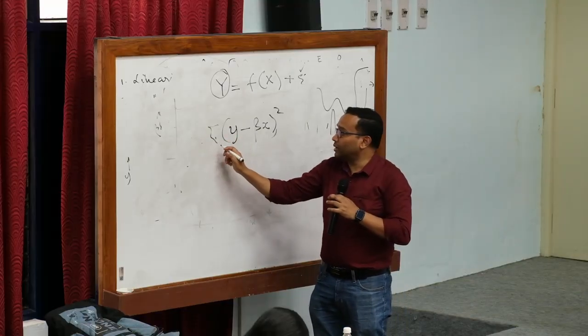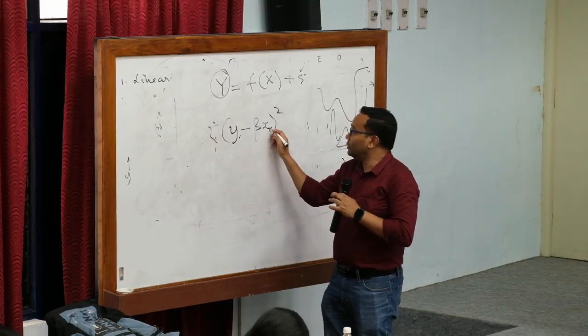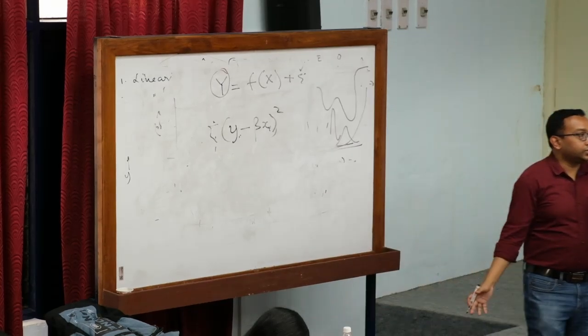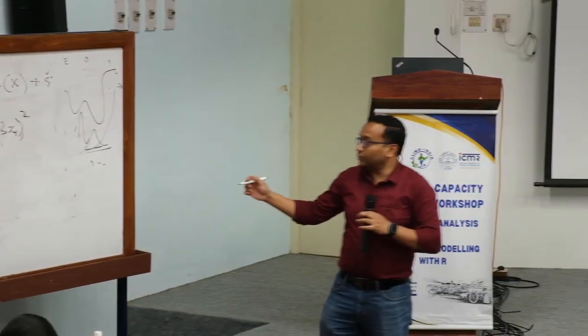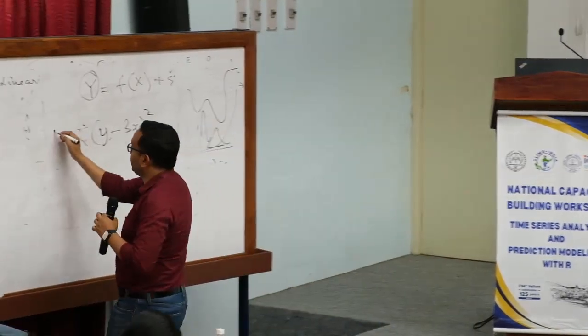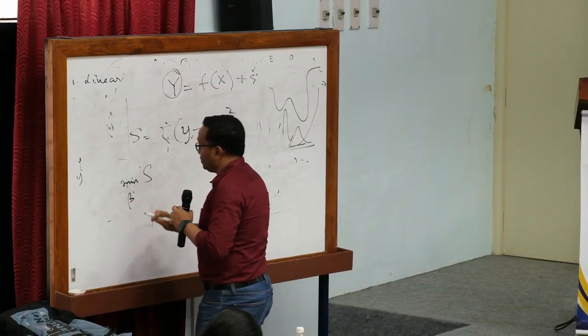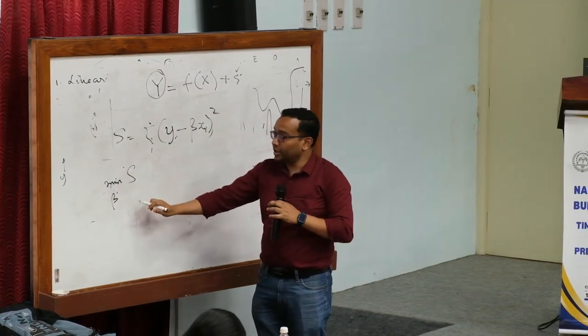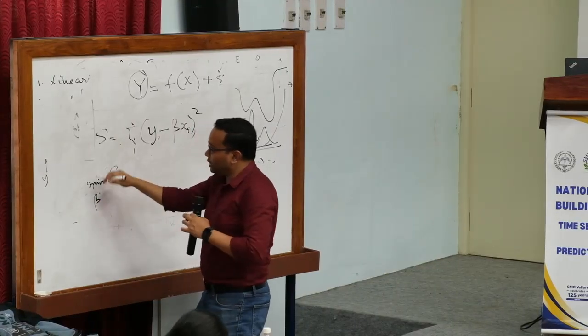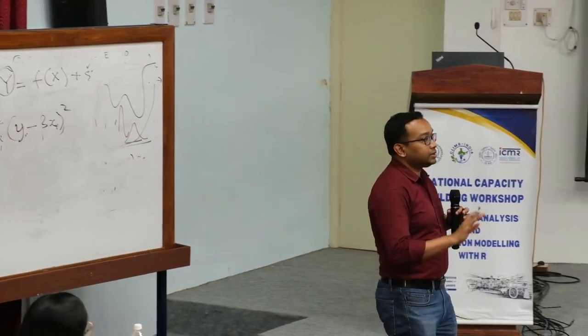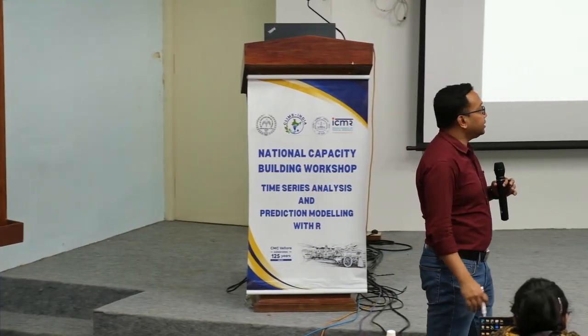So there's a sum and whatever. This is ordinary least squares, where we are minimizing this. So if this is S, I'm trying to minimize S with respect to betas. This is what we are trying to get. So the beta hat at which this happens is your parameter estimate. This is normal unconstrained linear regression.